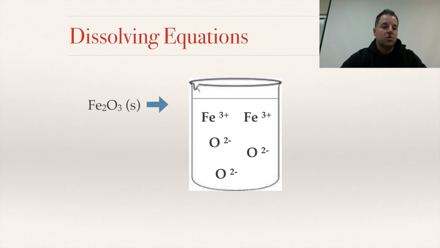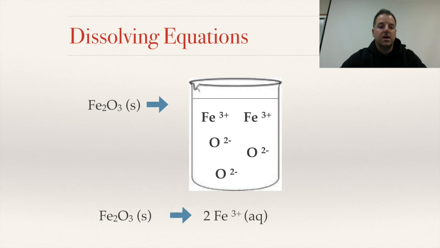Well, you need the total positives to cancel out your total negatives, and you have a total of -6 charge from the oxide ions, so iron would have to be 3+ for each to have a +6 to balance out those charges. All right, it's just a little aside. Writing our dissolving equation, we start out with our iron oxide solid, and now that we have our iron 3+, we have 2 of those, and then we have 3 of the oxides, 3 of the O2- ions. So we write them like that.